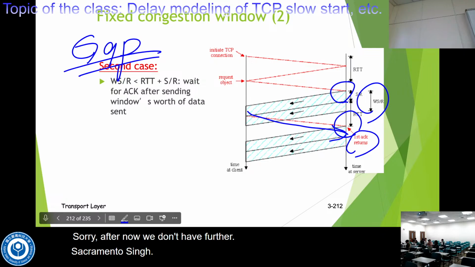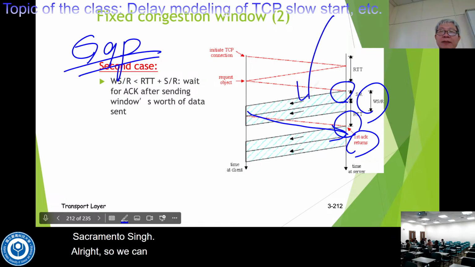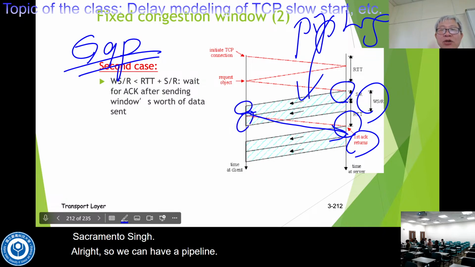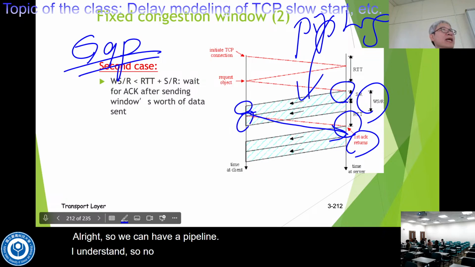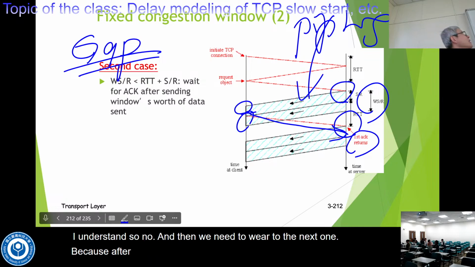So we can have pipelining, and then we need to wait for the next one because of the fixed window. So we have the gap.